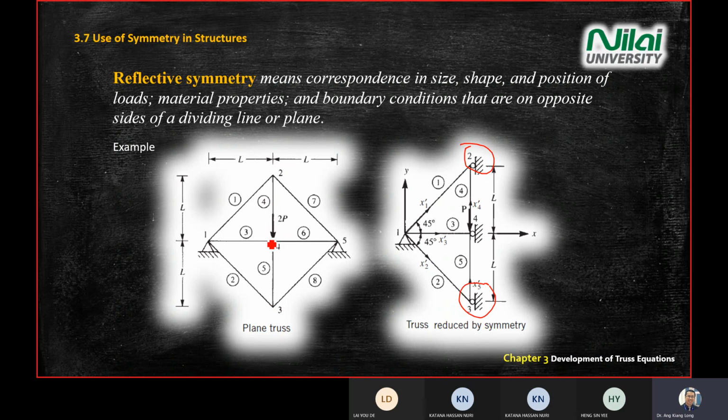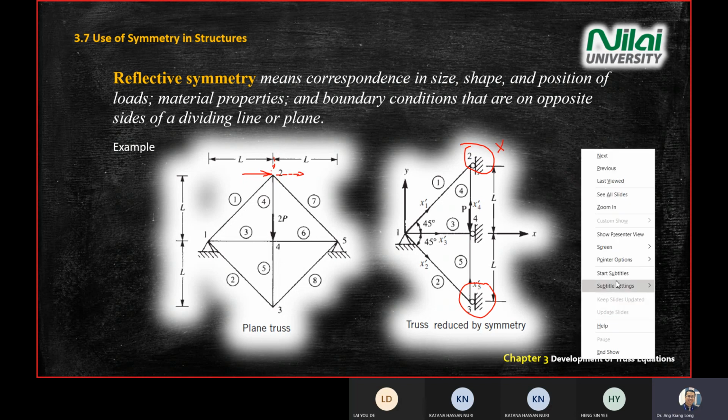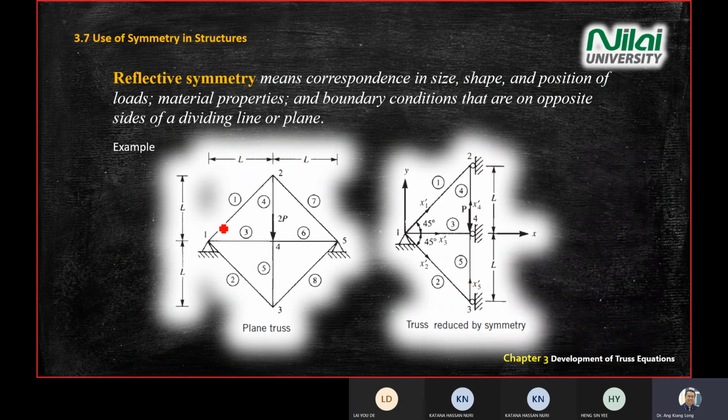If your force is this way, then you cannot use this one anymore. You put it this way, then there's a displacement in the horizontal direction. So this is just an illustration of how you solve for a symmetric structure.